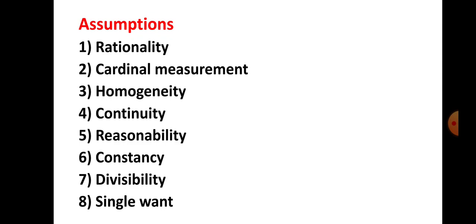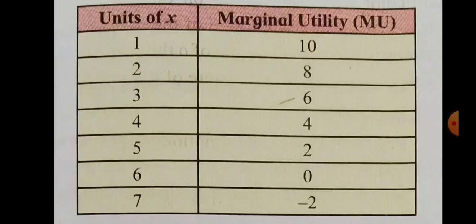Number 6, constancy. There is no change in taste preferences of the society. Number 7, divisibility. Whatever units are consumed by the consumer should be divisible. And number 8 is single bond. So these are the assumptions on which the law of diminishing marginal utility is based.